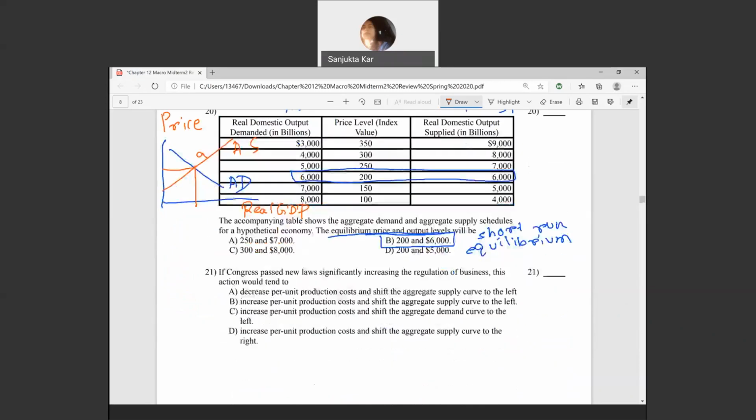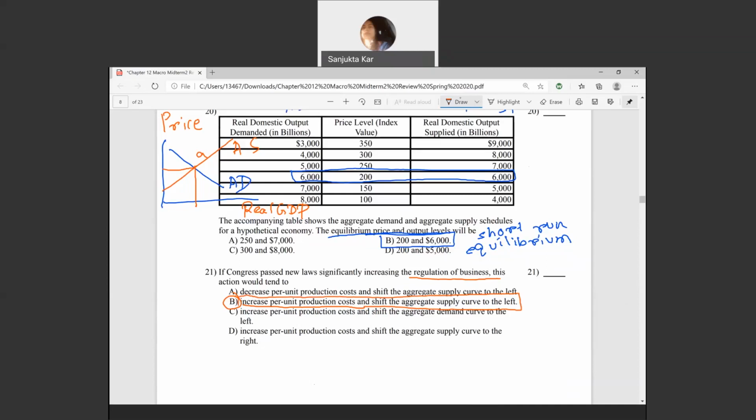All right, moving forward to question number 21. If Congress passed new laws significantly increasing the regulation of business, this would do what? This will shift the aggregate supply curve to the left and increase per unit production cost.